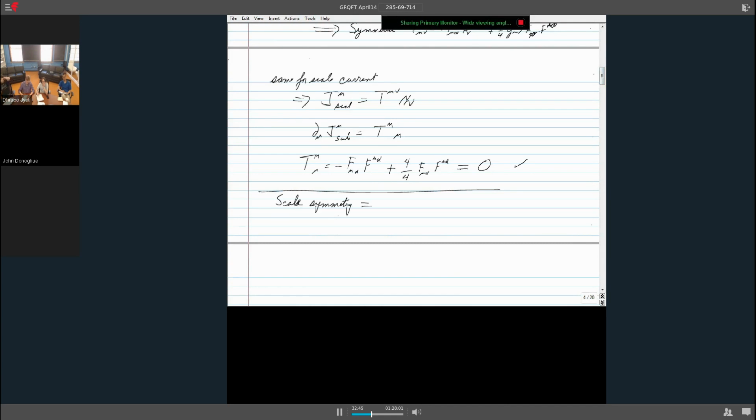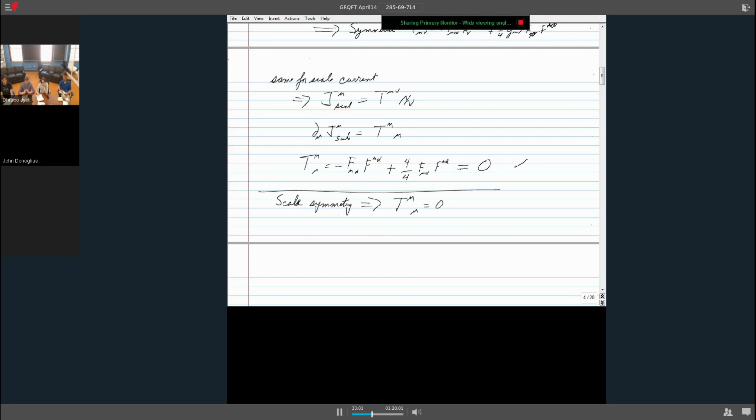The symmetric energy momentum tensor is traceless in 4 dimensions, and so we get the trace of the energy momentum tensor equal to 0.